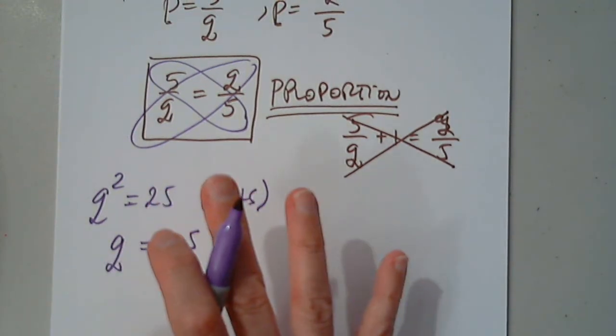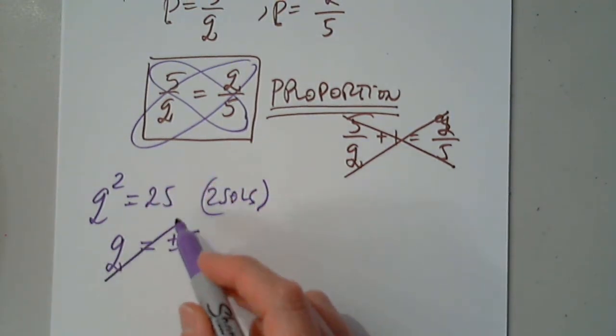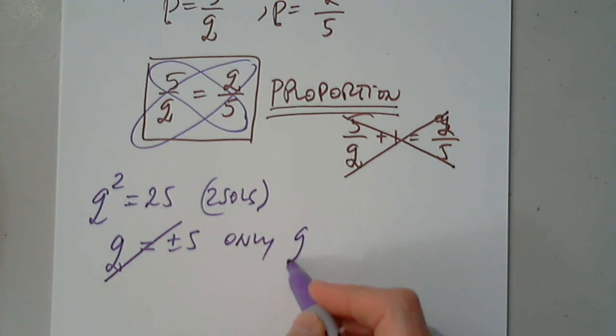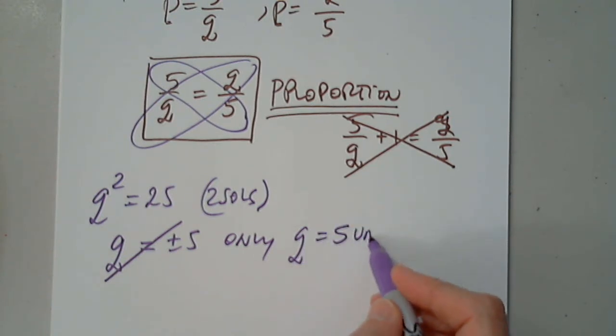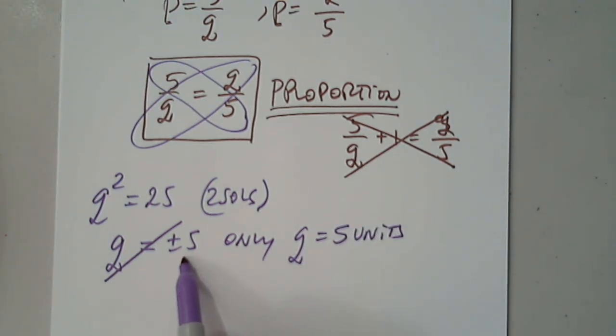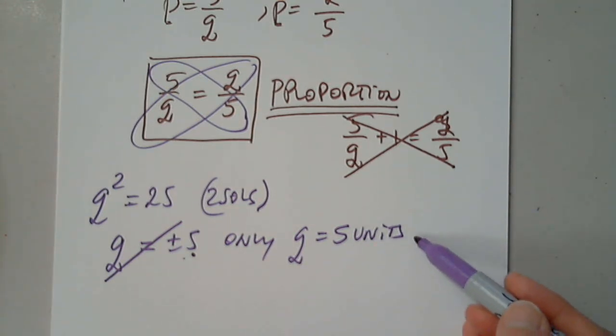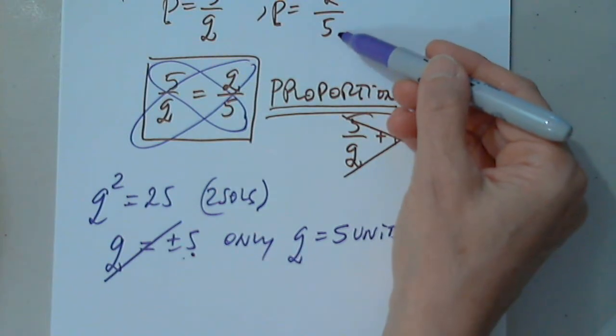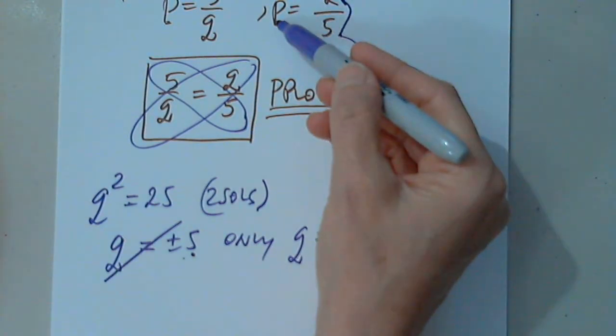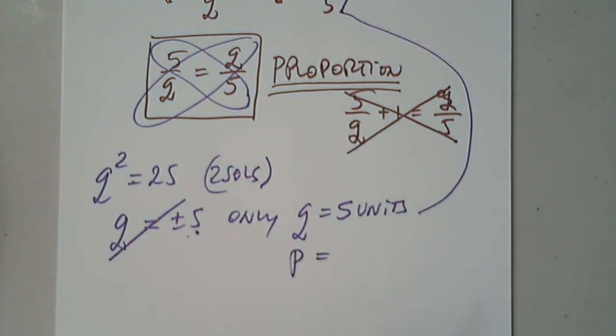After I write this, which is correct, I will have to say only Q equals 5 units. I cannot purchase negative 5 units. So the solutions are correct, but the negative solution does not apply to our situation. If Q is 5 units, how much is P? 1.